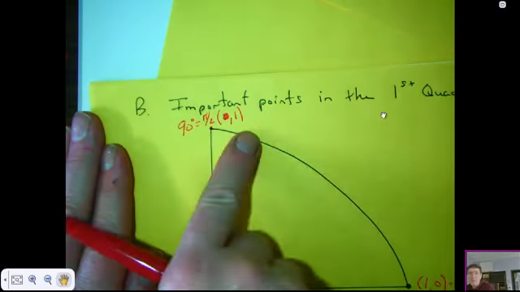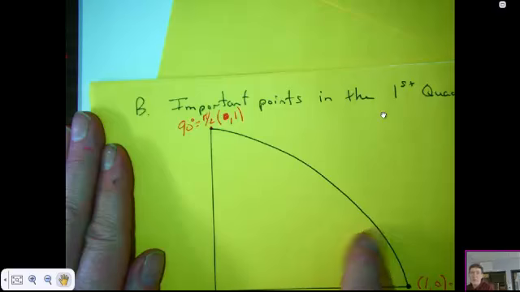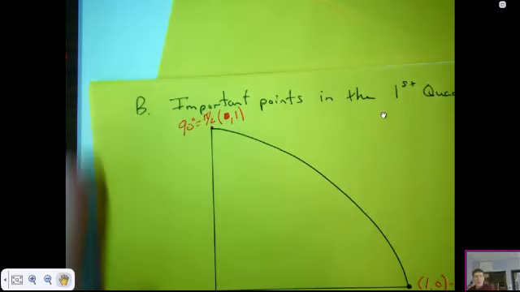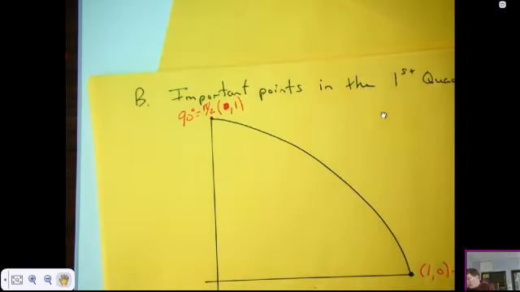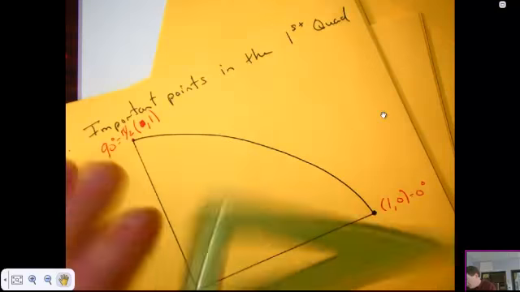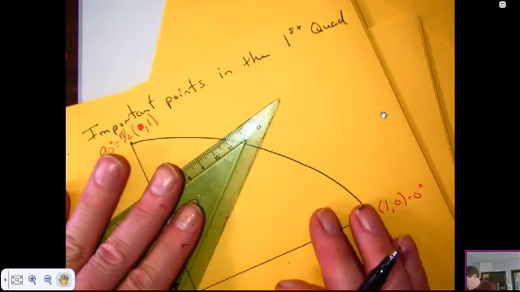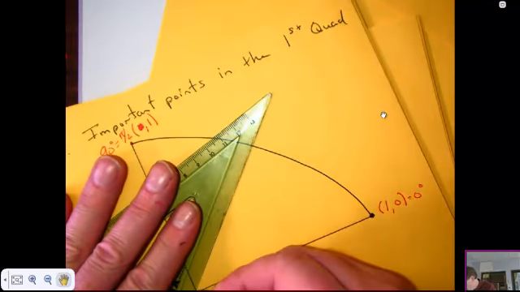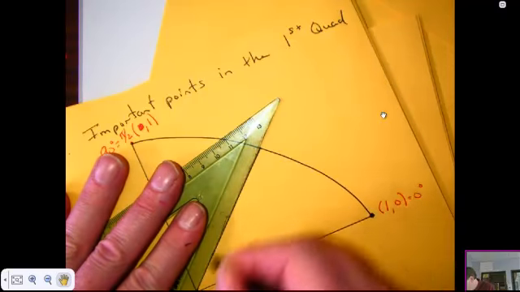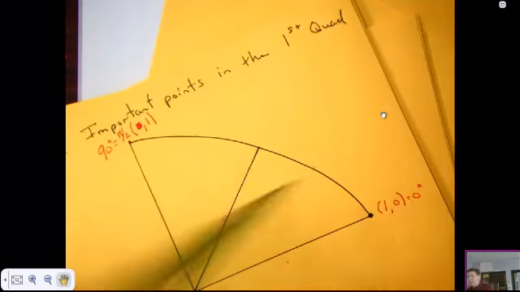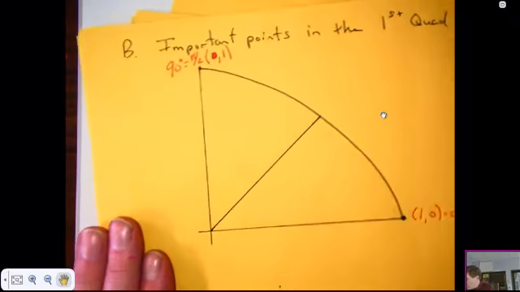So obviously every point on here could be an angle. But there's only a few angles that we really want the exact values of, and let's talk about those first. So if I split this right in half, I'm just going to draw a line here. So if I look at this one here, best I can, right there.